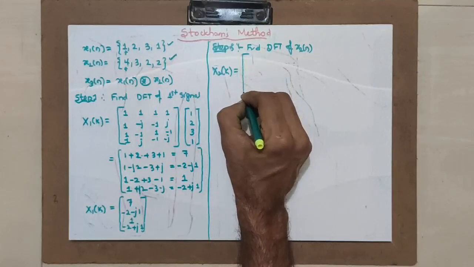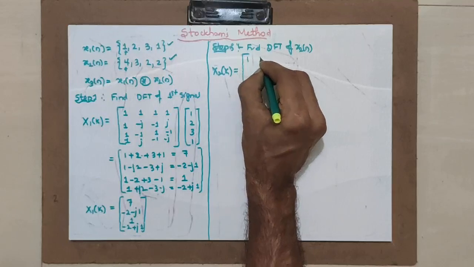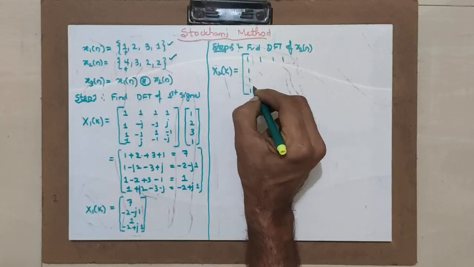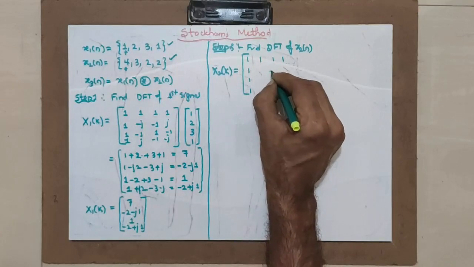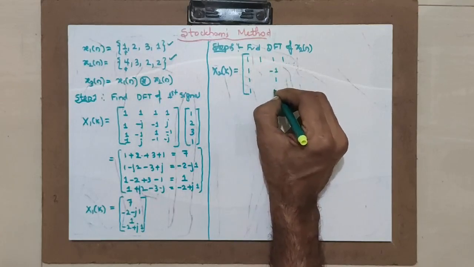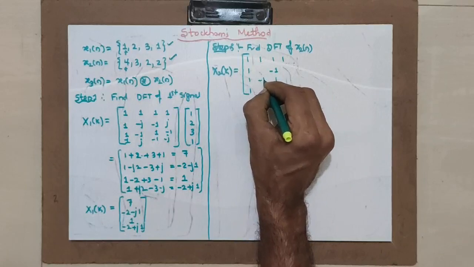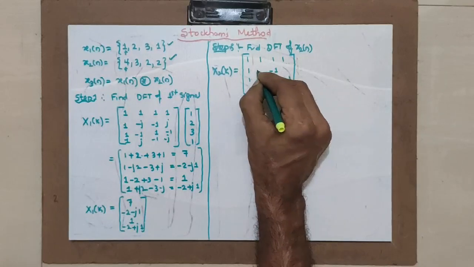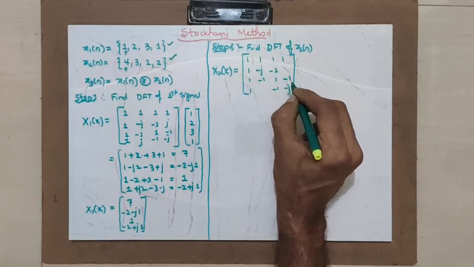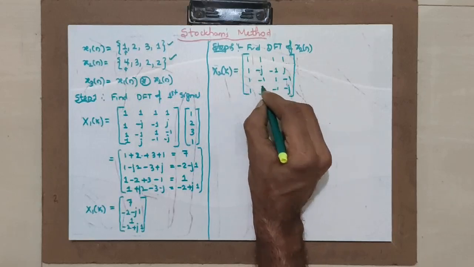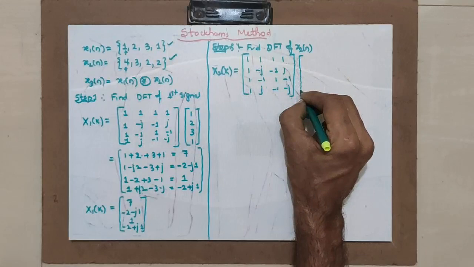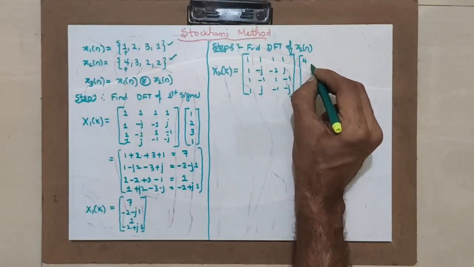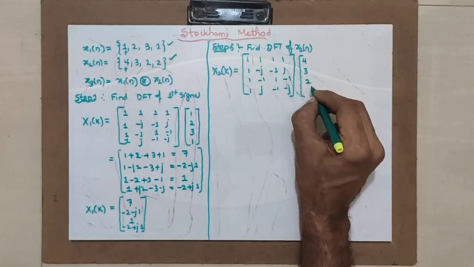Again I am applying the matrix method. 1 1 1 1 1 1 1 1. Third row, third column 1 minus 1, 1 minus 1, 1 minus 1, 1 minus 1, then minus j, j and j, and then the given signal 4 3 2 2.